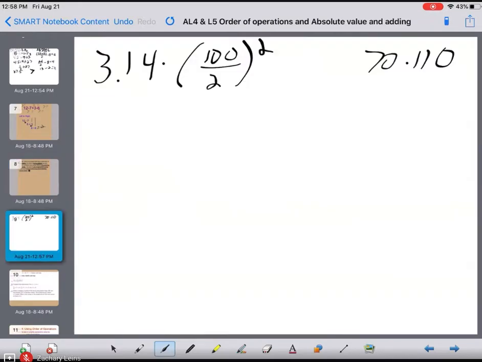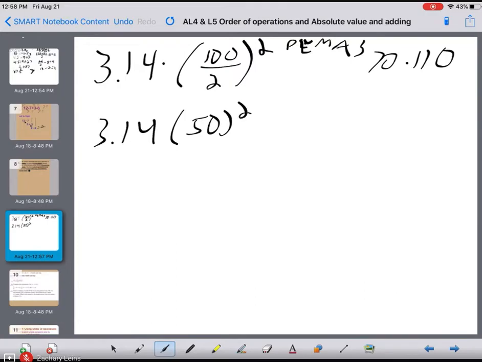All right, so let's start doing some calculations. So again, order of operations here. Start off with parentheses. So I'm just going to go ahead and write down PEMDAS. Oops, going to erase that. All right, that's an E right there. Parentheses, so we got 3.14 all times 50 squared.